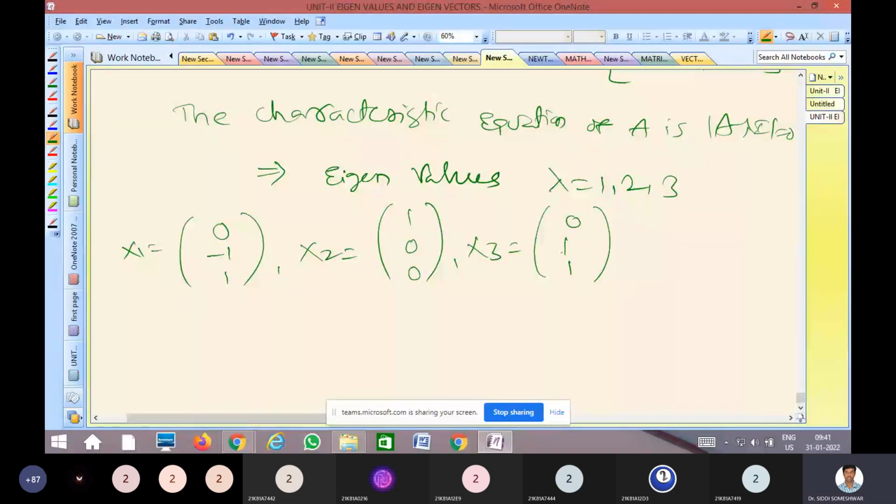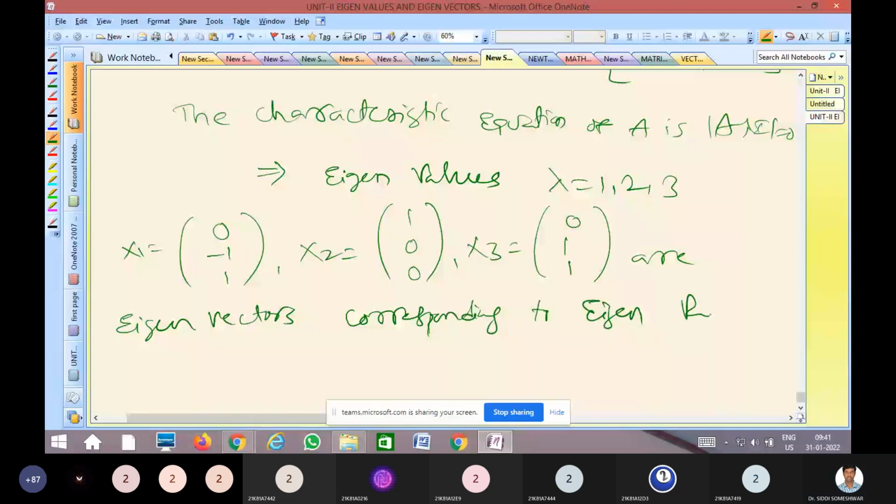These are the eigenvectors corresponding to the eigenvalues 1, 2, 3 respectively.